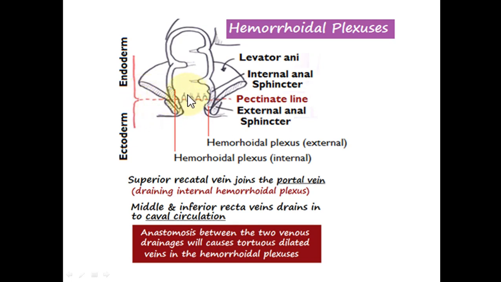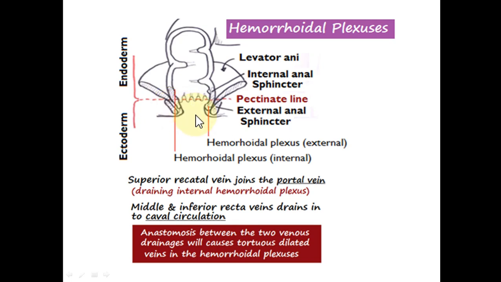Anastomosis exists between the internal and external hemorrhoidal plexuses. So whenever the pressure rises in the portal circulation, for example in portal hypertension, the blood will flow back through these anastomoses to find its way into the caval or systemic circulation.